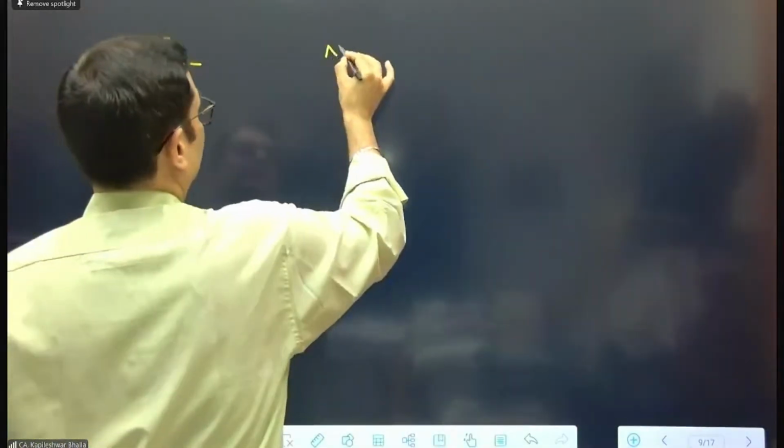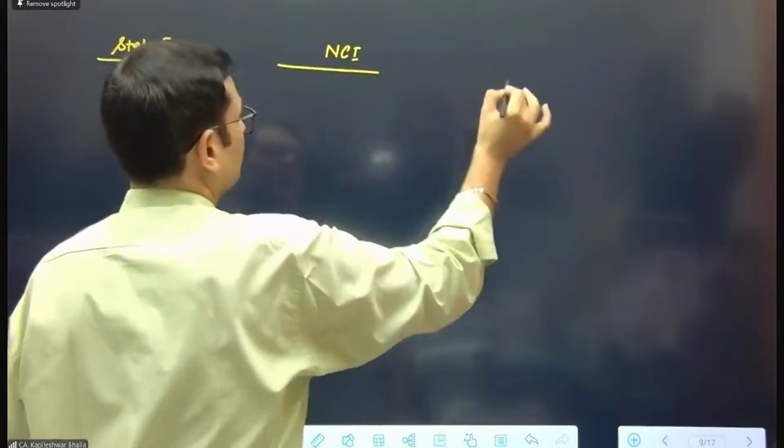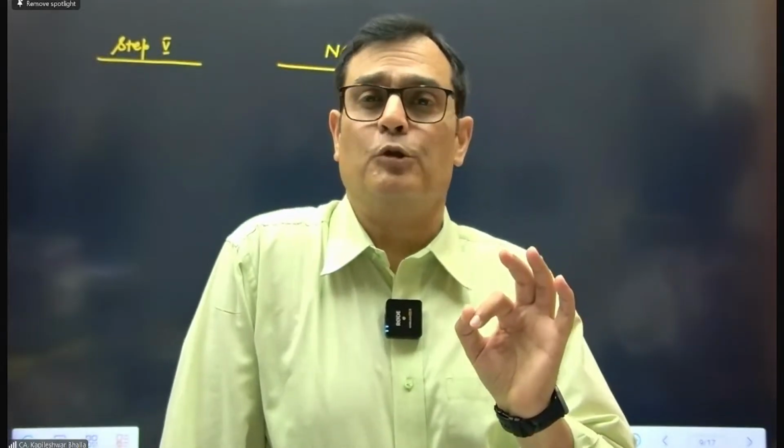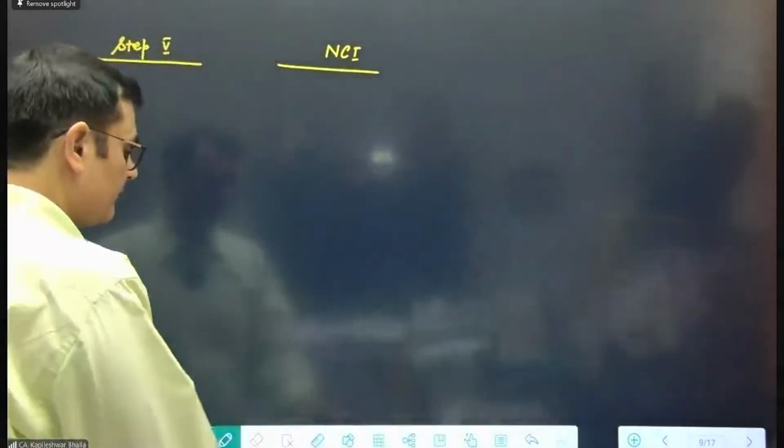Step number 5 pertains to the calculation of NCI, that is, non-controlling interest. And I would like to connect certain dots at this stage. As far as the NCI on the date of acquisition is concerned, you know the standard has given you two choices, either fair value or a proportionate share in the net assets.